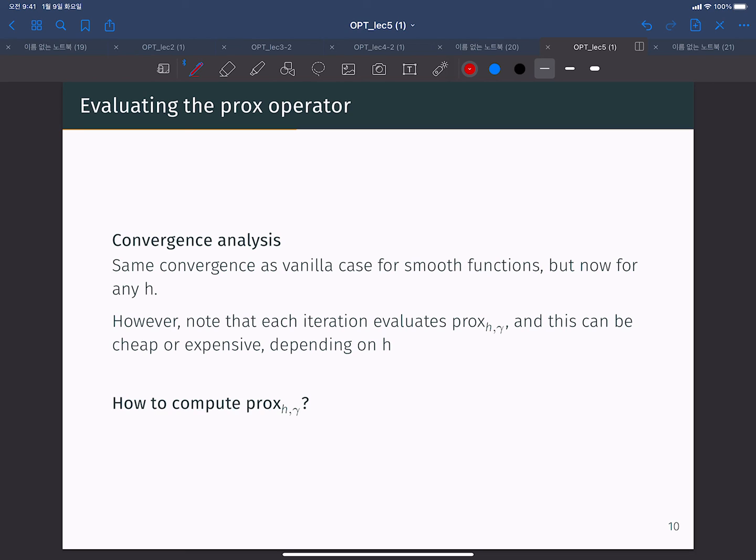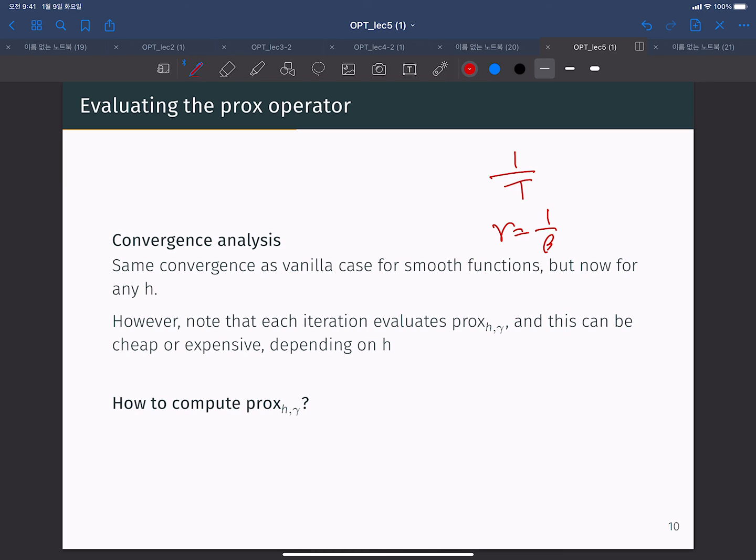So if your function is non-differentiable, we cannot get the convergence speed of the smooth case, beta smoothness. When we have a beta-smooth objective function, we can guarantee roughly 1 over t convergence speed with a learning rate gamma equal to 1 over beta. But we cannot do that in this case because the h function is not differentiable.